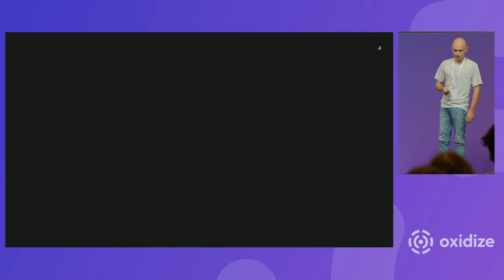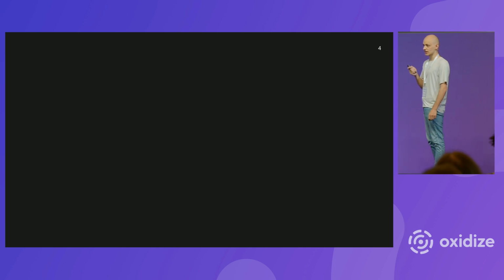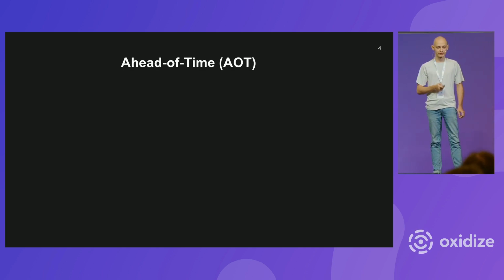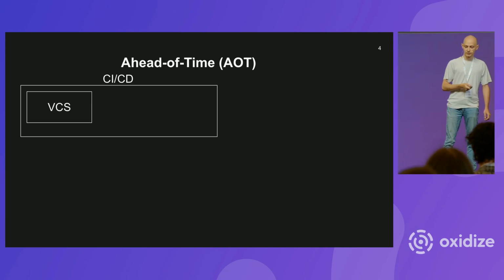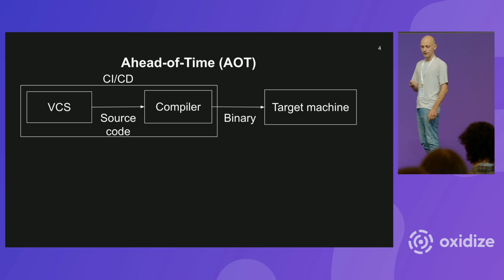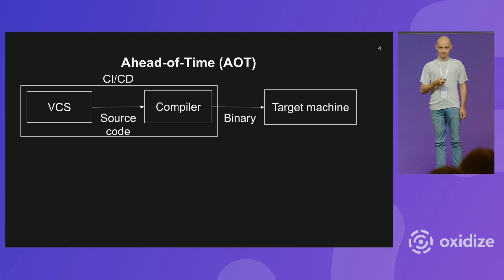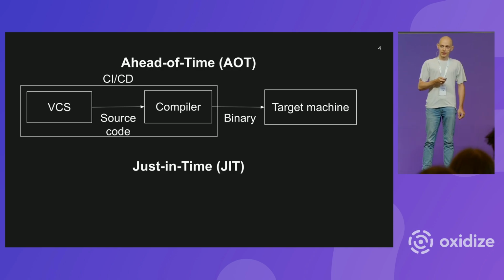So let's start. There are two schools, or camps, for how our application can be compiled. The first one is the most common for us with Rust, the ahead-of-time school. We have our source code, which is compiled by a compiler, and the generated binary is deployed to a target machine where it's running. The second camp is the just-in-time compilation model.